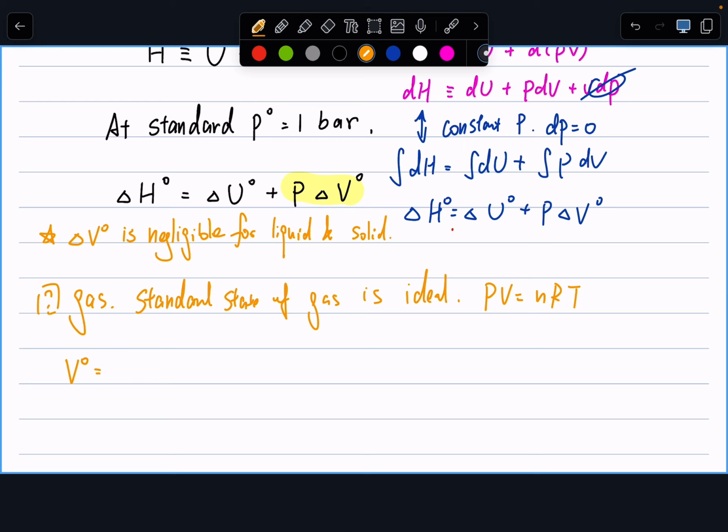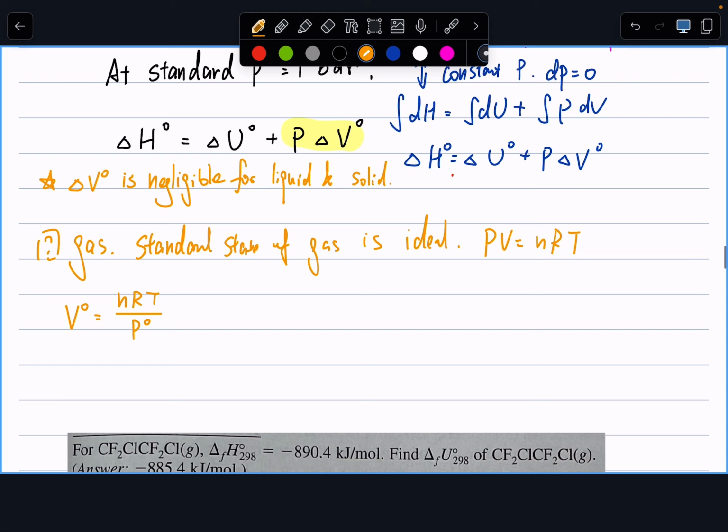What do we have? V naught equals nRT divided by P naught. Or the other way to put it is we have delta H naught equals delta U naught plus delta n_g RT. I'll explain it. So these are the things over P naught times P naught. Okay, let me not skip any steps.